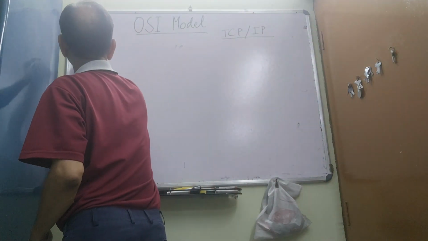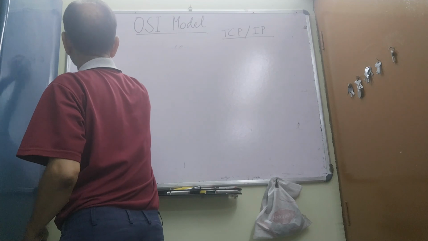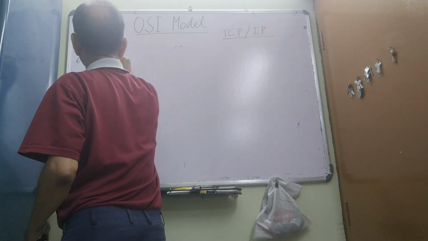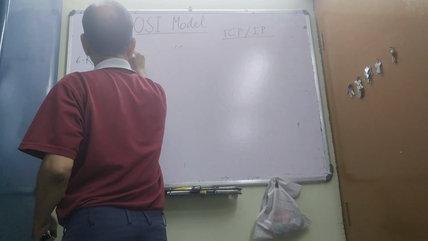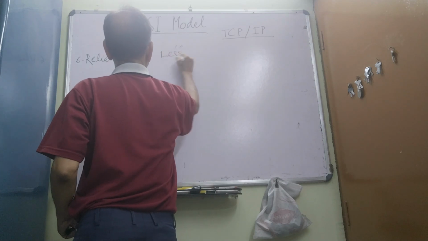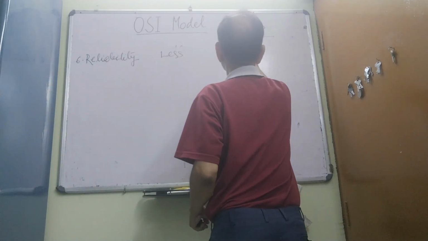Number 6 is reliability: OSI is less reliable, TCP/IP is more reliable.